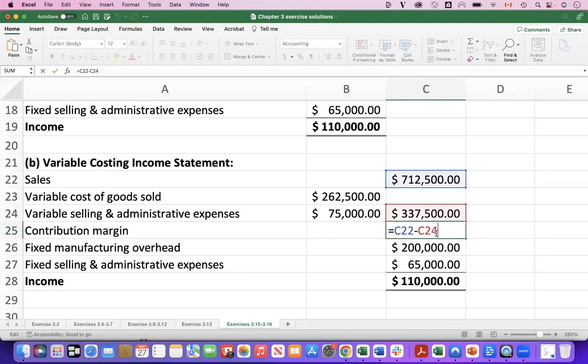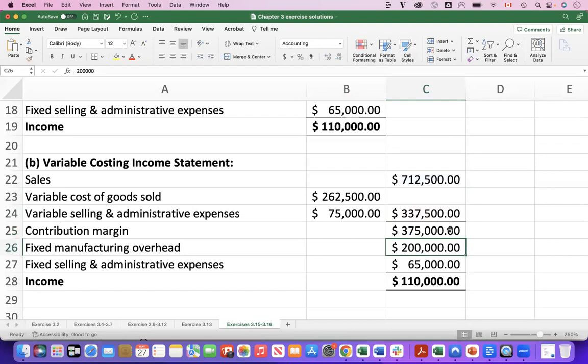We get a contribution margin of $375,000. Now that contribution margin is left to cover our fixed expenditures, our fixed manufacturing overhead, which was $200,000, and our fixed selling and admin, which was $65,000. And notice our income is still $110,000.